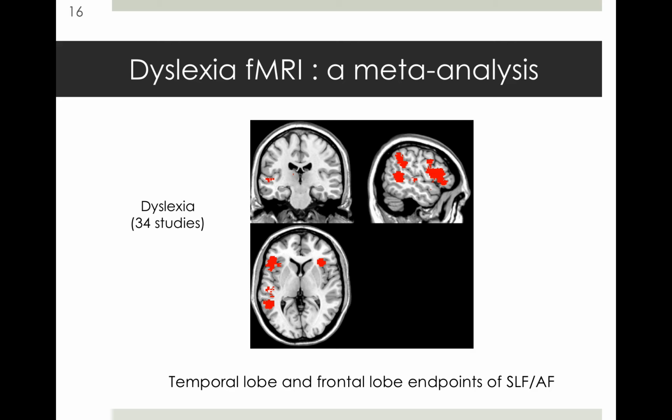And generally what we're seeing is not just visual areas, but also areas in the lateral temporal and frontal areas. So that includes areas in what we would think of as auditory cortex, in the superior temporal gyrus, and also areas that are more posterior to that, as well as areas in the frontal lobe.